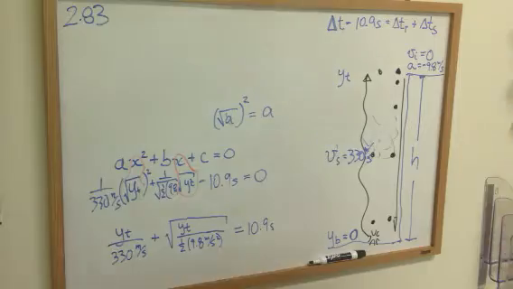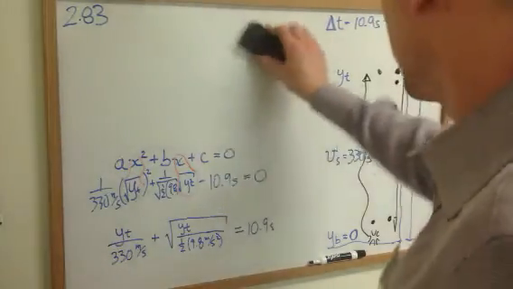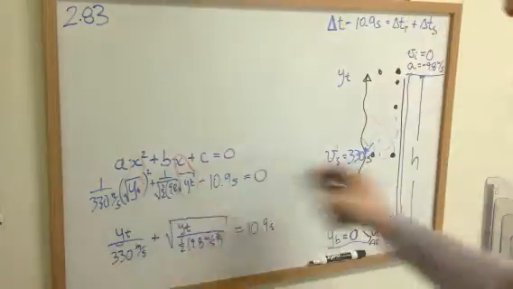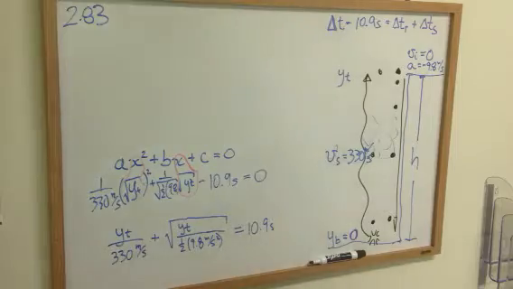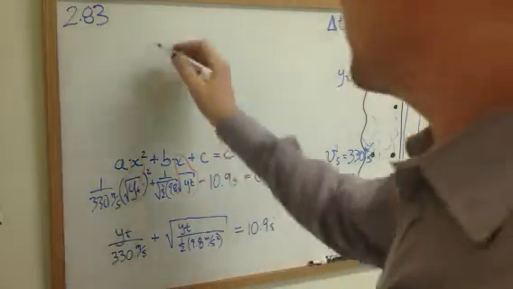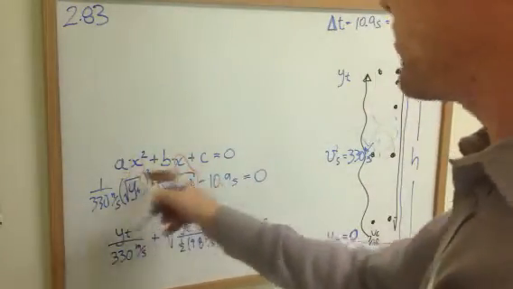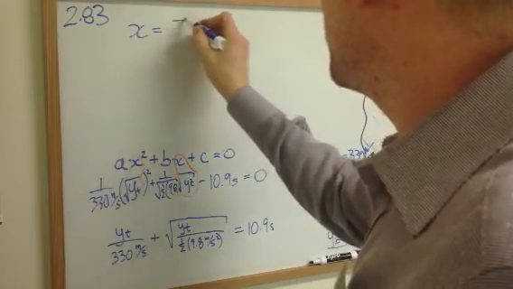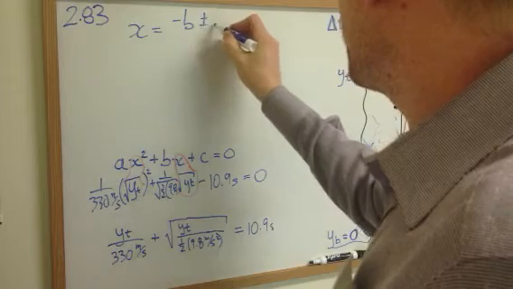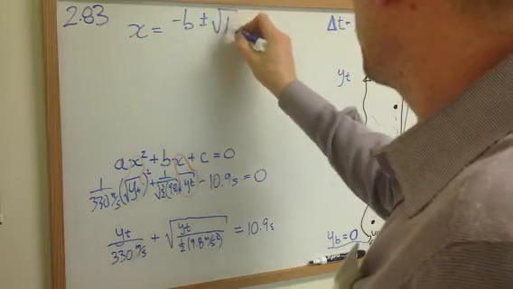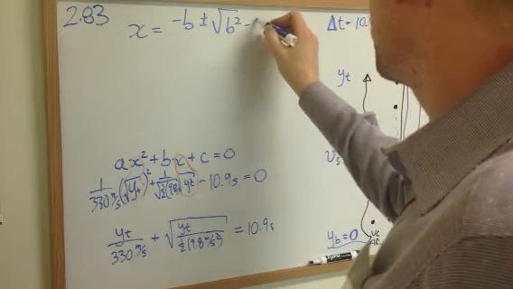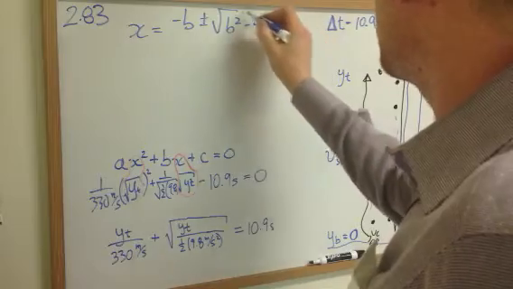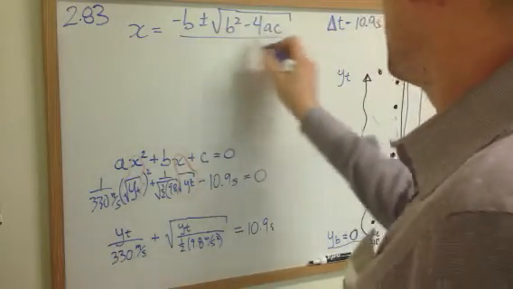So now when we try and solve this quadratic formula, the quadratic formula says, well, if you have this structure, then x is equal to negative b plus or minus the square root of b squared minus 4ac all over 2a.